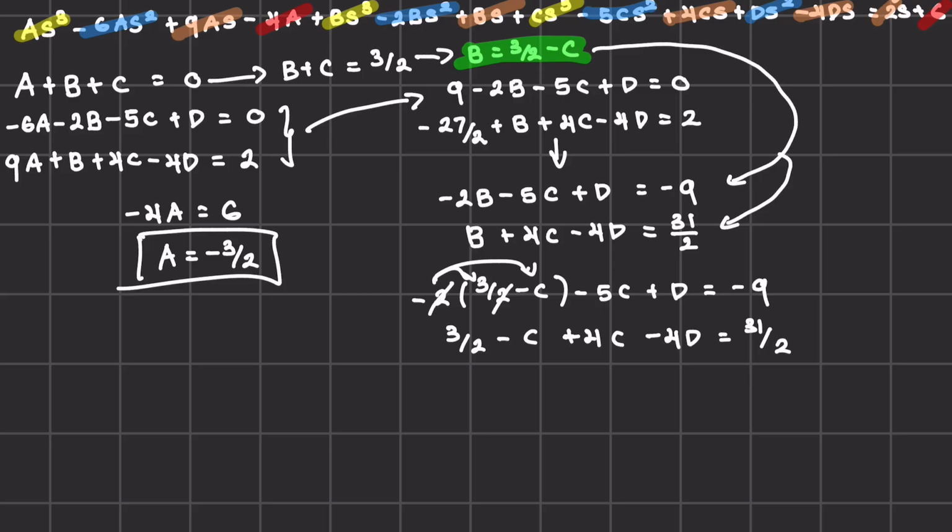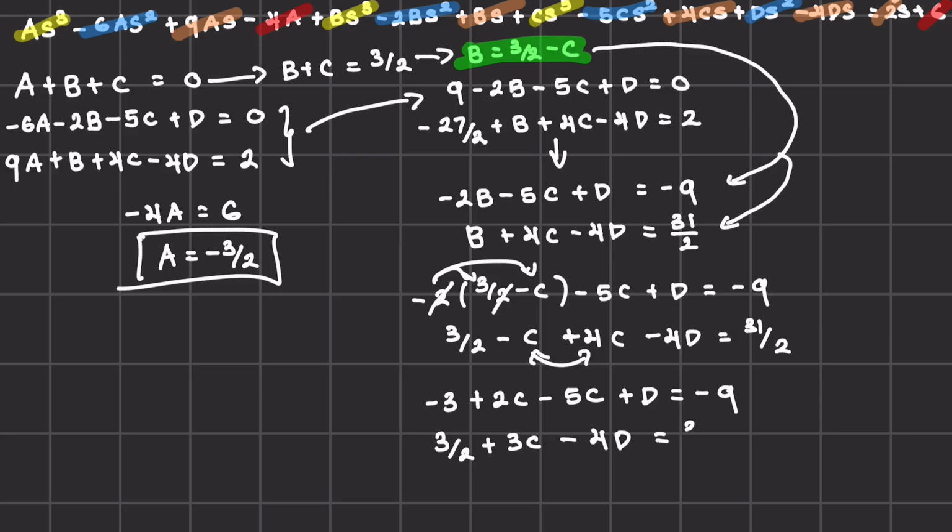So we just have -3 plus 2c minus 5c plus d equals -9. And for our second equation, -c plus 4c is just positive 3c, minus 4d equals 31/2.